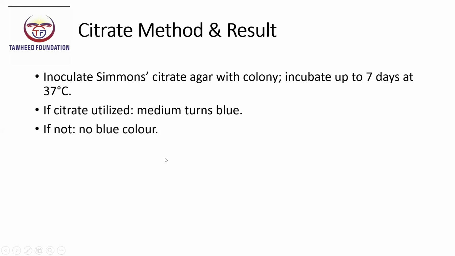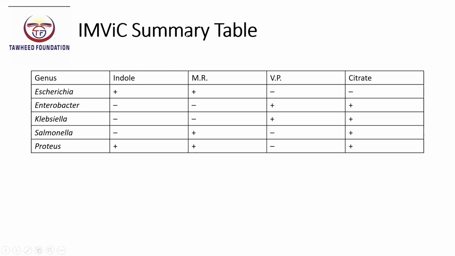So no color change will happen. Examples, E. coli and Shigella. This test is a critical component of the IMViC series and aids in the identification of Enterobacteriaceae family members in clinical microbiology. So here is the whole summary table for these tests.